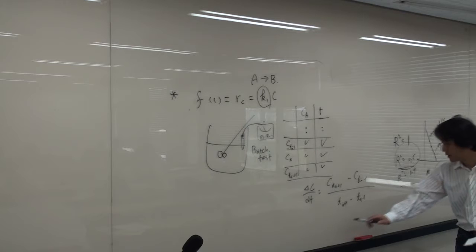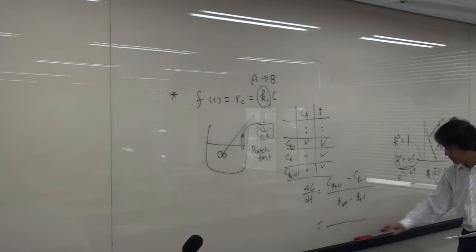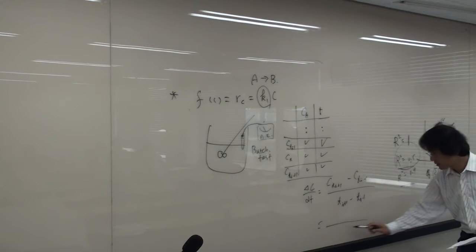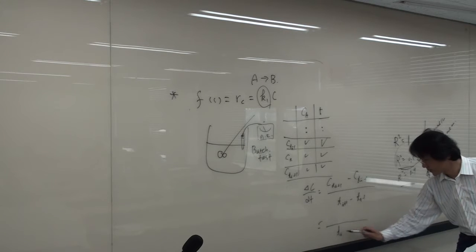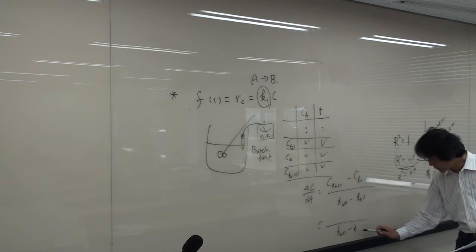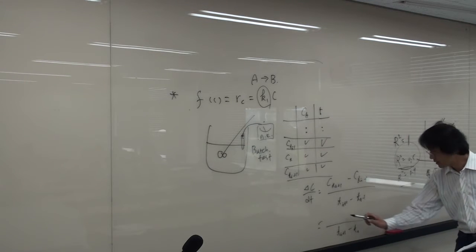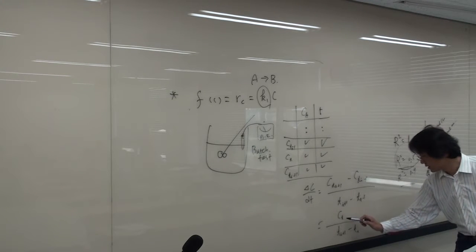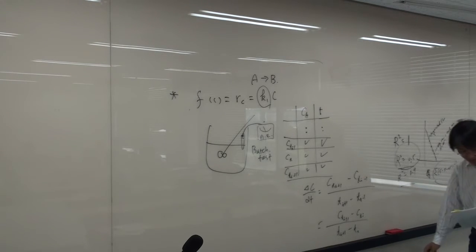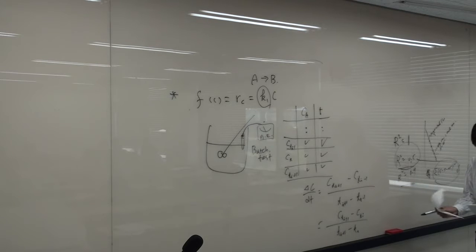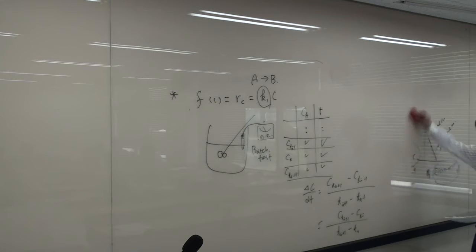And also, you can have C(t(i+1)) minus C(t(i)) over t(i+1) minus t(i), like this. Okay, this is just for the batch reactor case.